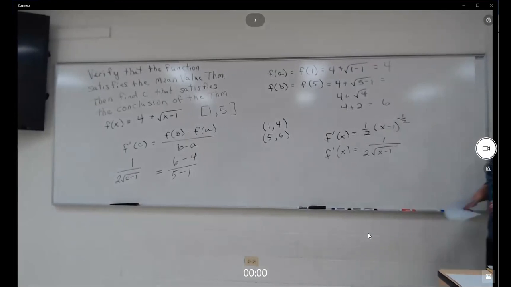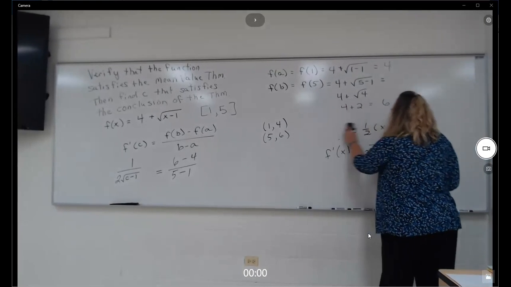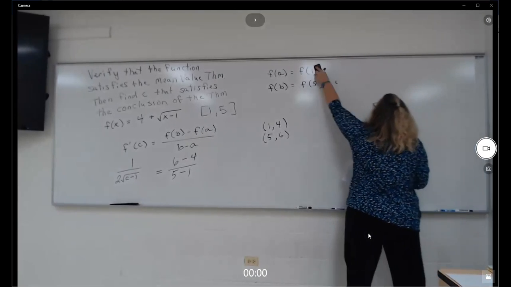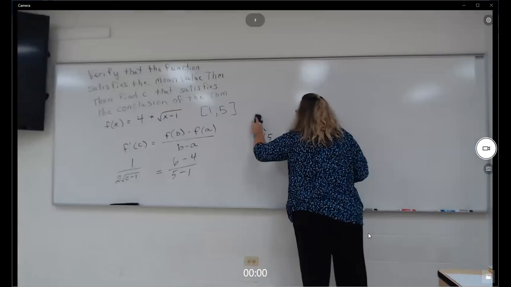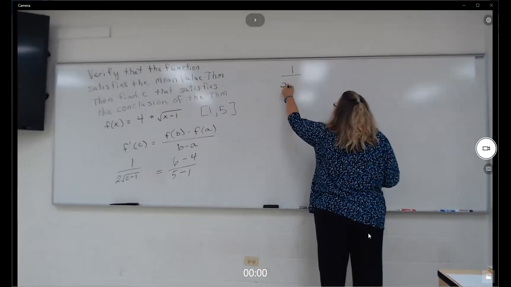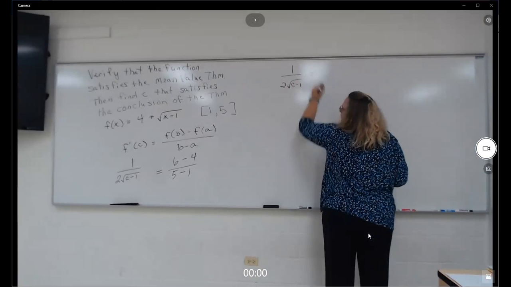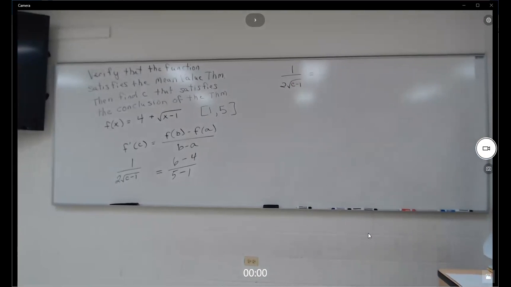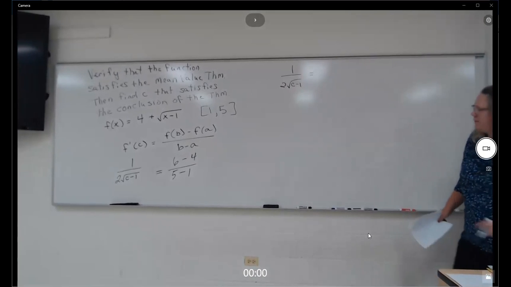Okay, so let's get a fresh board and then let's solve that equation. So let's bring it up here. 1 over 2 square root of c minus 1 equals, and then let's go ahead and change that. That would be 2/4 or 1/2. Are we okay with this?